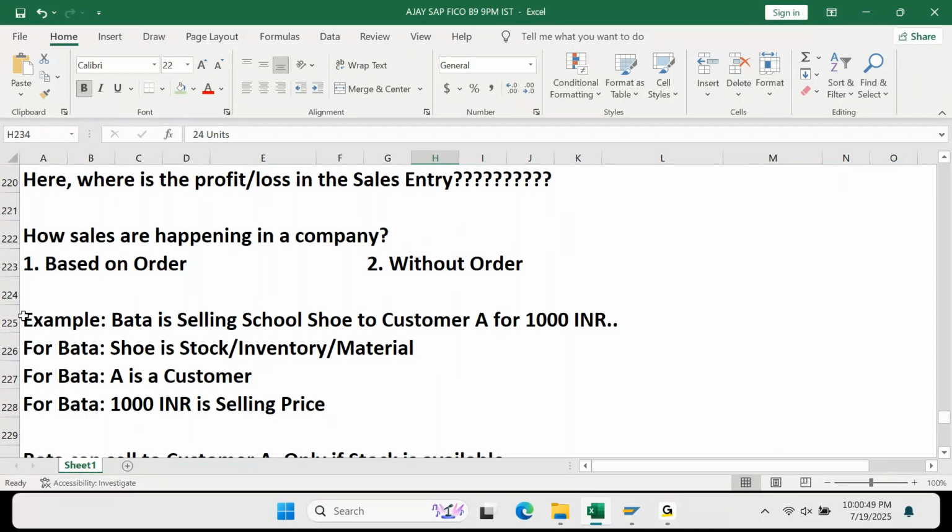Now here, when you are doing the delivery, or when you are reducing the inventory, it will be reduced with the inventory cost. Inventory will be reduced by 800 rupees and sales will be updated by 1000 rupees. Sales will be updated for 1000 rupees.